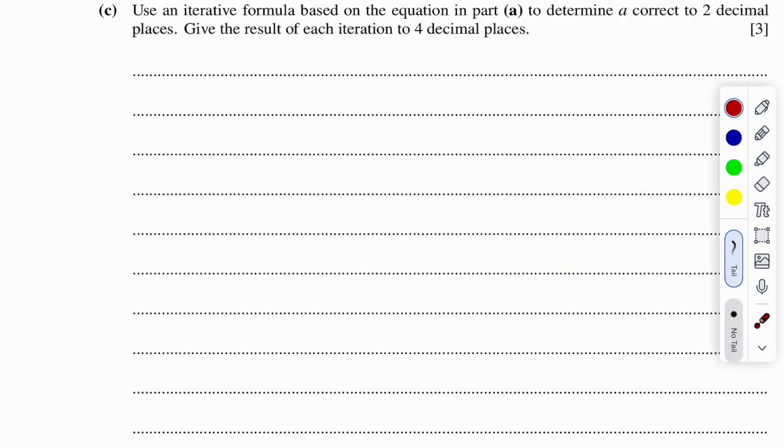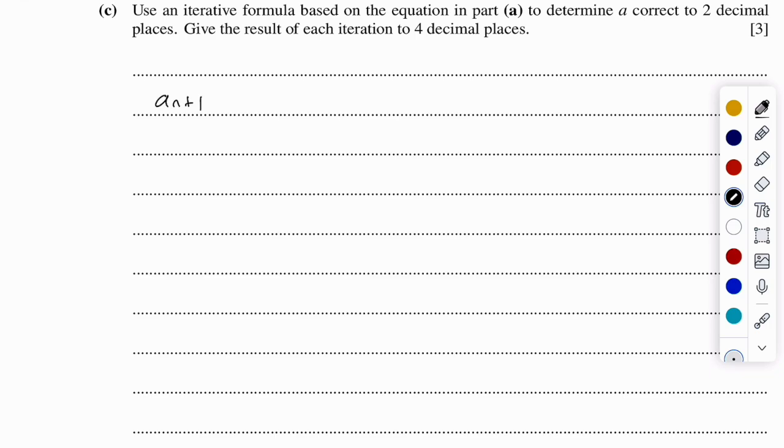Alright, now for number C, it's a classic iterative formula question, and I want us to determine a correct to 2 decimal places. There's not really much need to calculate each one. Well, you do obviously in the exam, but just for demonstration purposes, I've done it before, so I'm just going to go through it quick.